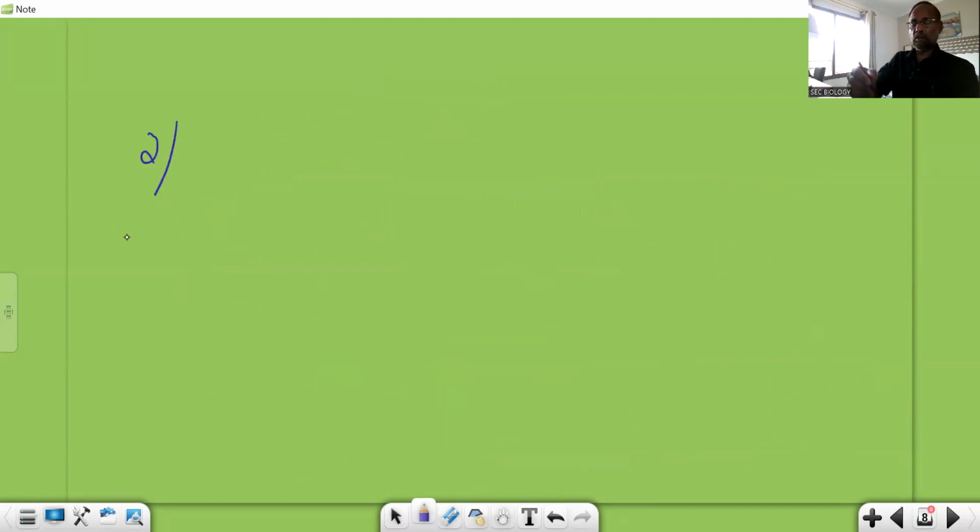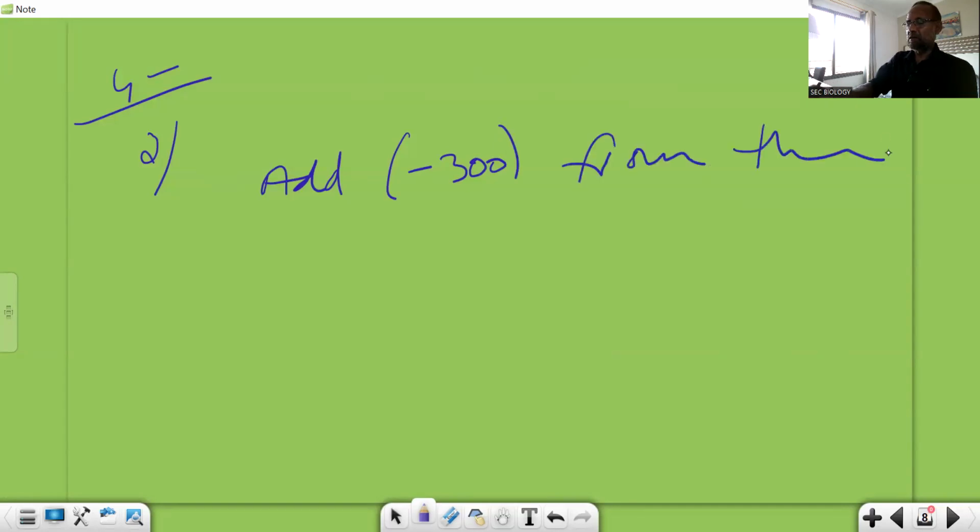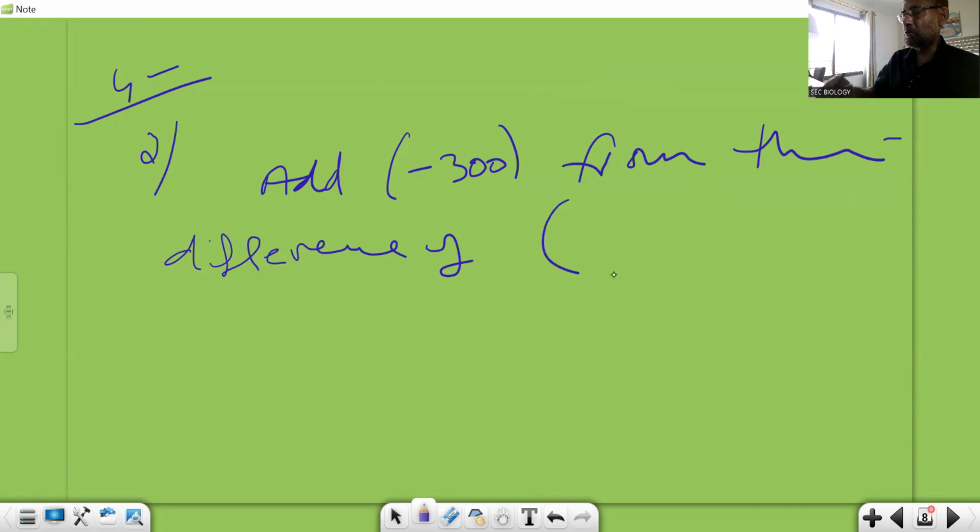Second question. Now you want the second question. Same page. I think it is the fourth page. Page number 4. Add minus 300 from the difference of, mashallah, difficult question you're asking.